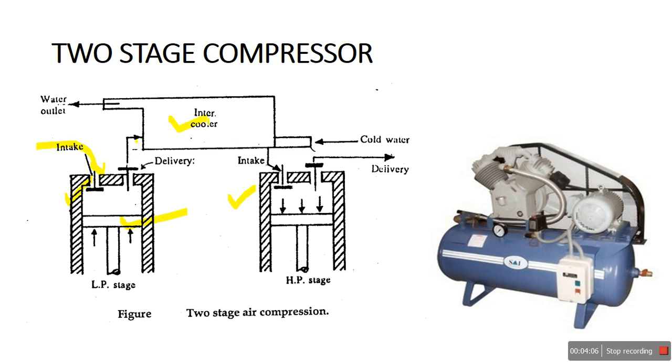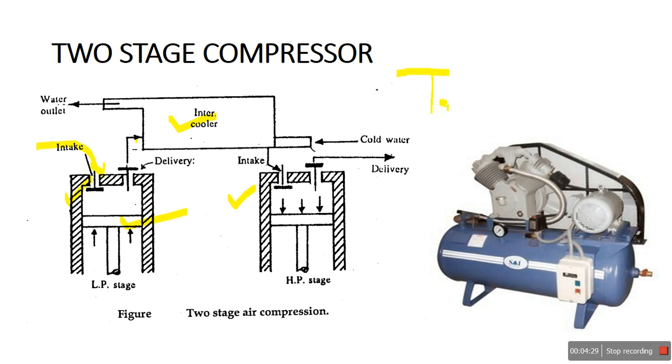What is the role of the intercooler? In the intercooler the temperature of the air is reduced. The temperature is T1 at inlet, T2 after compression in the low pressure cylinder, and T3 at the outlet of the intercooler.